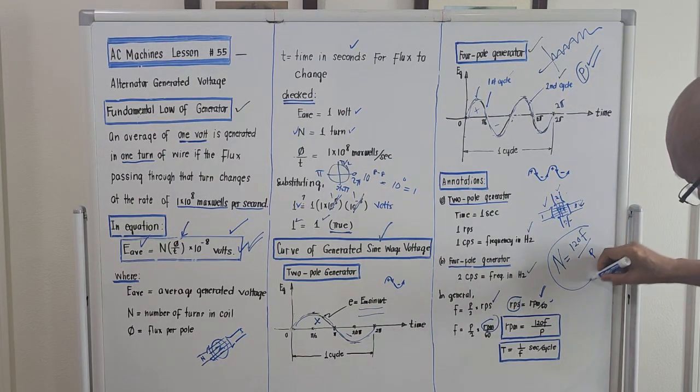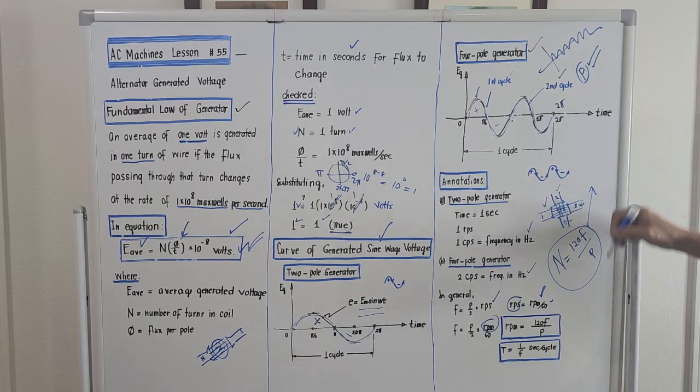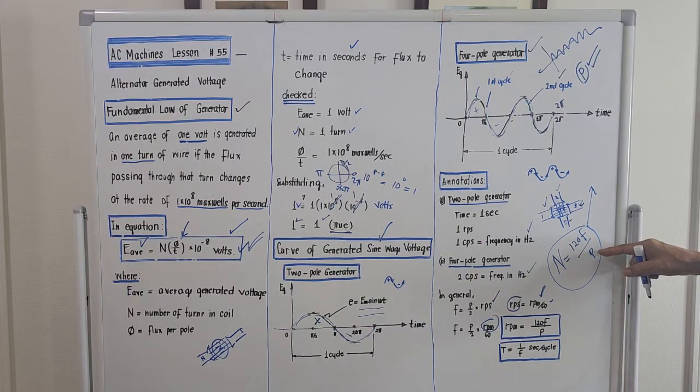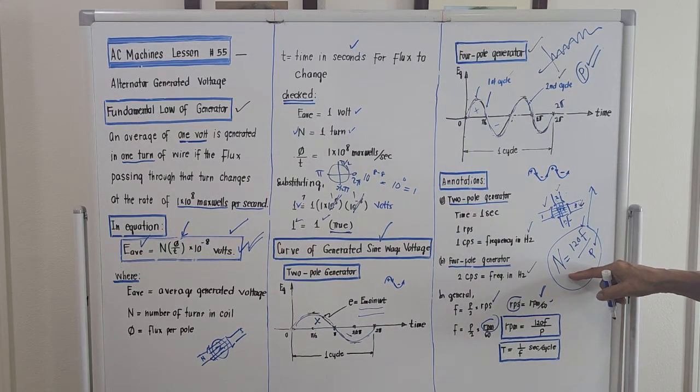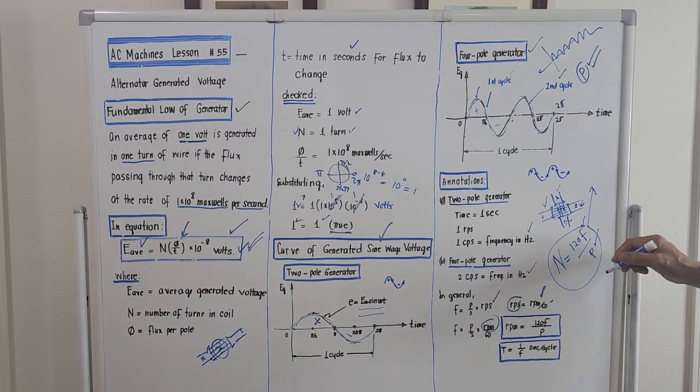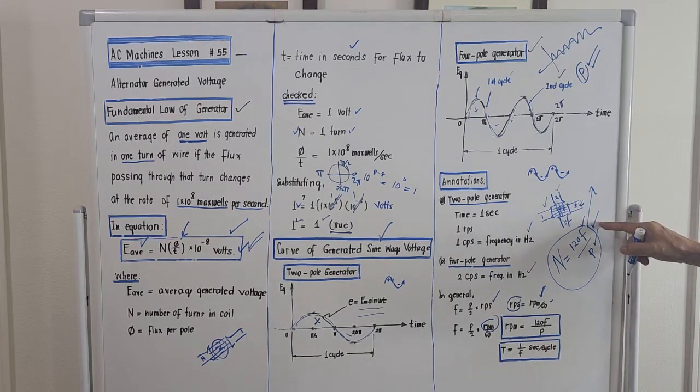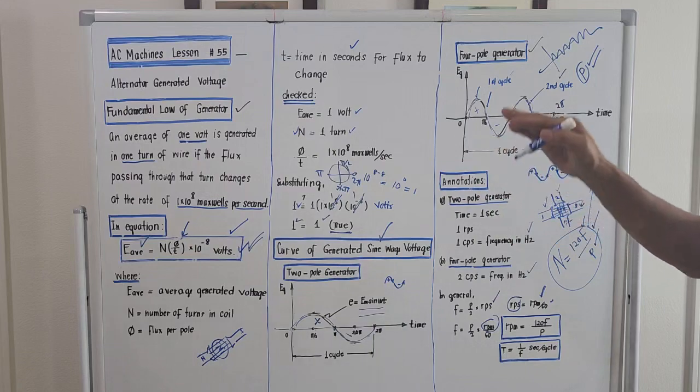Okay, so this is the formula on how to compute for the RPM of an alternator as a function of its frequency and the number of poles. So for any alternator, if we are given the frequency and its number of poles, we could compute for its RPM. Okay, this is the second equation needed in the so-called generated voltage for an alternator.